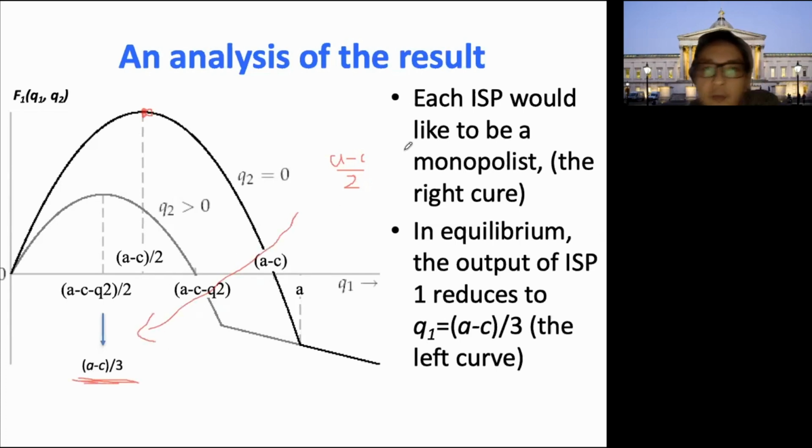Because of this duopoly, the quantity of the product produced would be smaller than (A minus C) divided by 2.